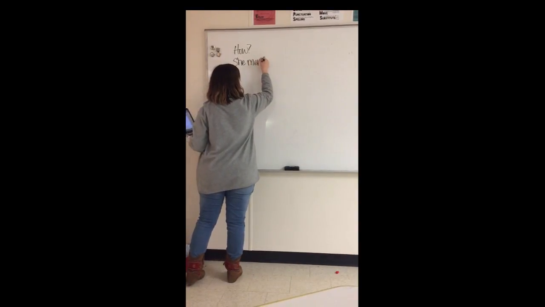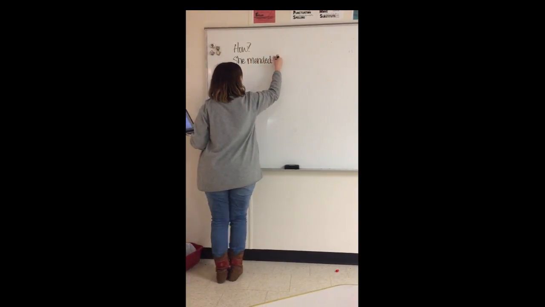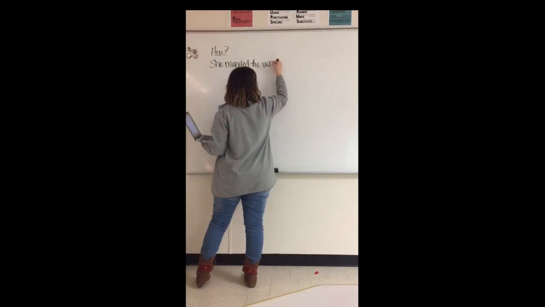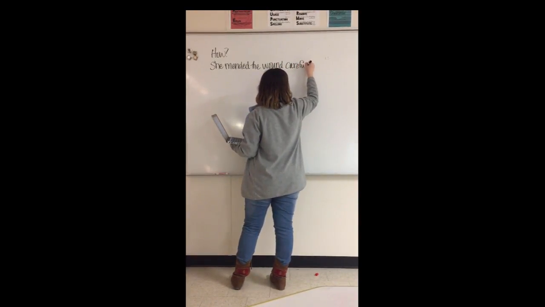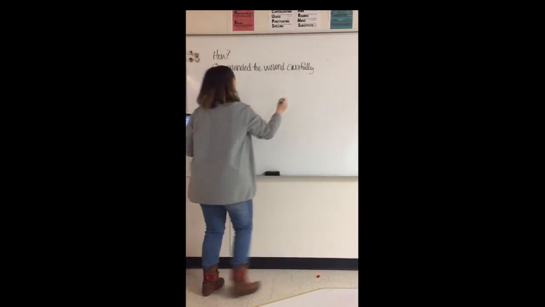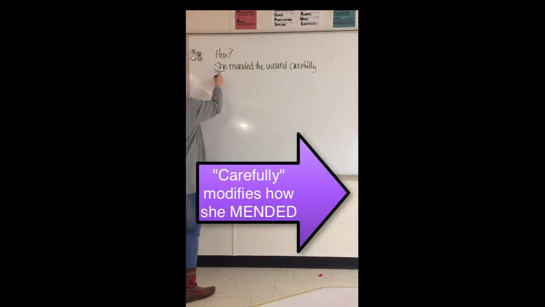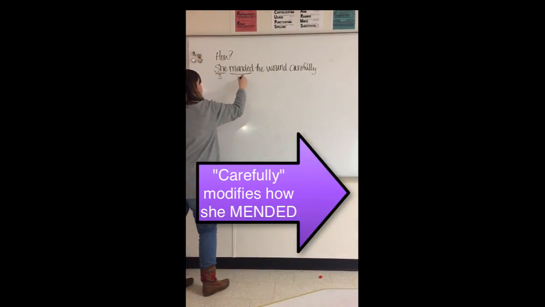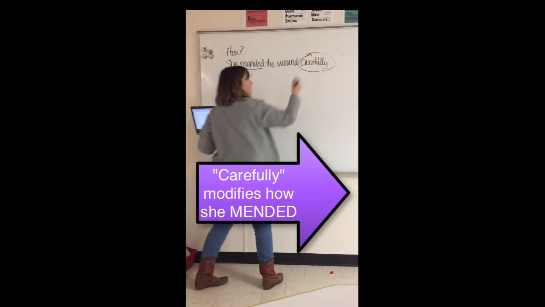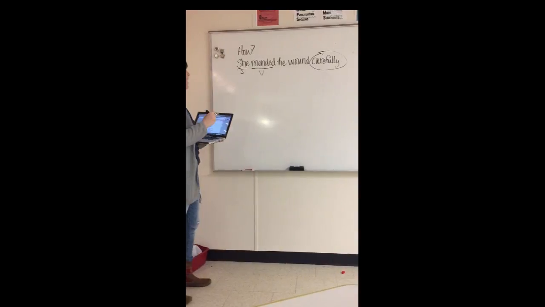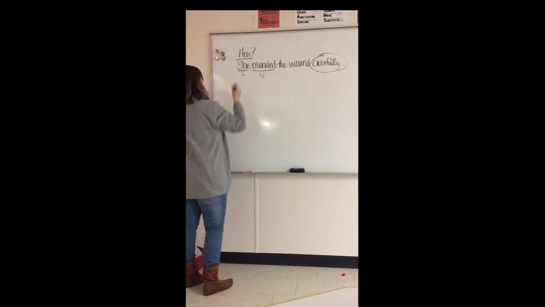She mended the wound carefully. The subject is she, the verb is mended. How did she mend it? She mended it carefully. That's your adverb. So that's a how adverb.